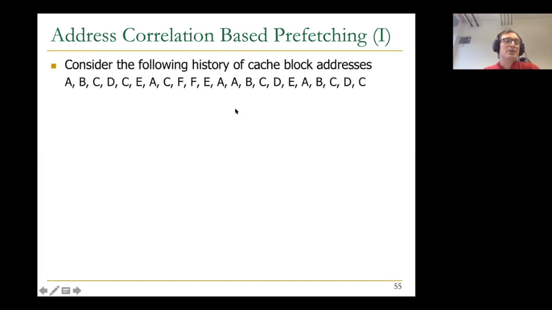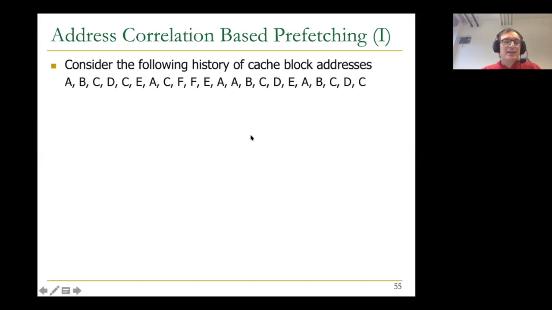So I can keep learning these correlations, right? I can keep learning these correlations either using tables or maybe using machine learning, potentially. But this work actually introduced correlation-based prefetching using tables that are not based on machine learning, based on memorizing what had happened. Similarly, you can say after D, I usually see C. And well, it's not true here, but it's true here.